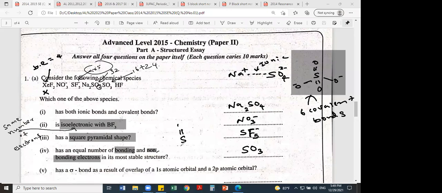Look at the screen. Draw the structure of SO3. Each oxygen has 2 lone pairs.